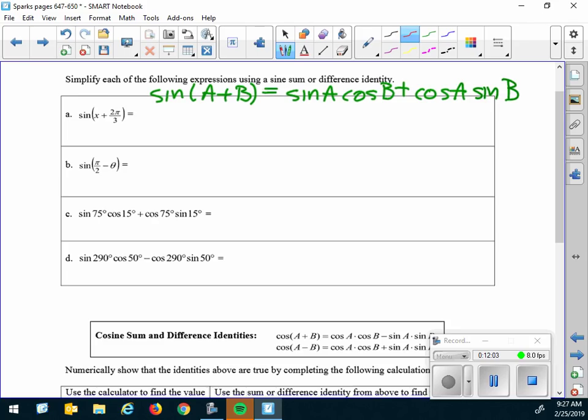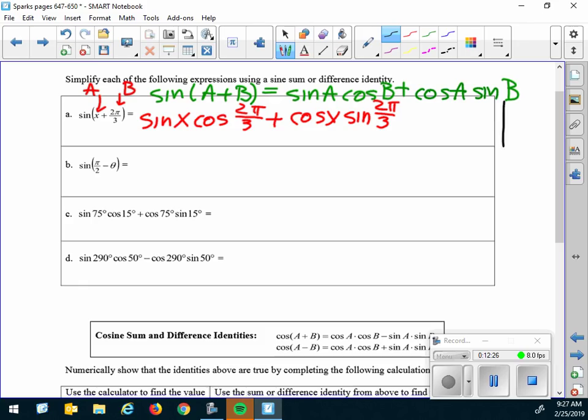So A is going to be x, and B is going to be 2 pi over 3. So this will be sine of the first times cosine of the second plus cosine of the first, sine of the second. 2 pi over 3 is in quadrant 2 with a reference angle of pi over 3.